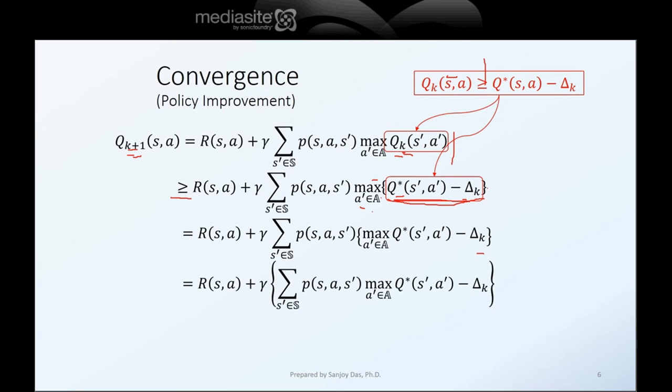Next, I took this delta K outside the summation. Why was I allowed to do that? That's because the summation of P S A S prime, the probabilities alone over all possible states, should add up to 1. That's why I'm able to take this delta K right outside this whole summation.